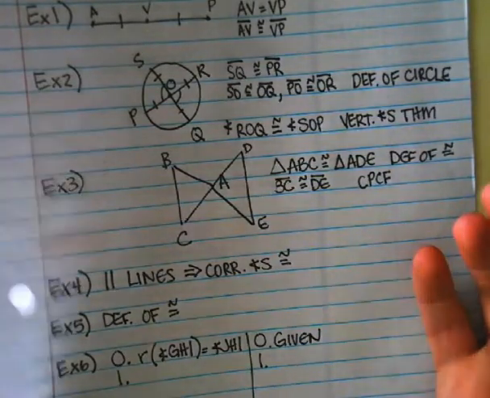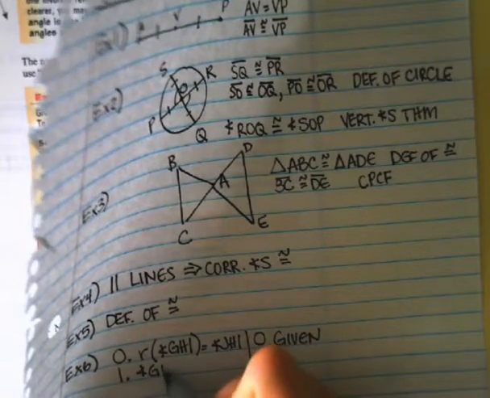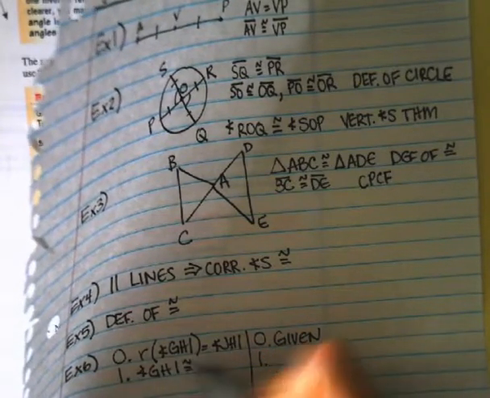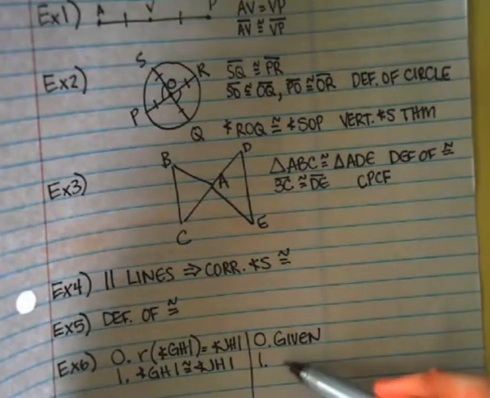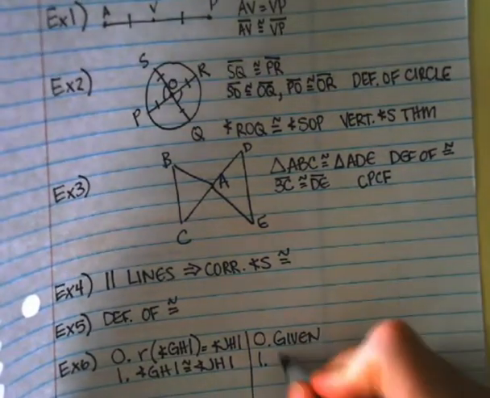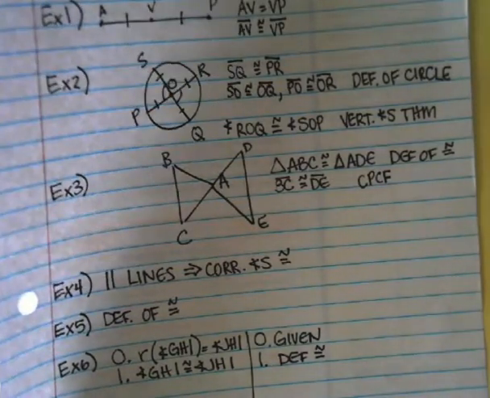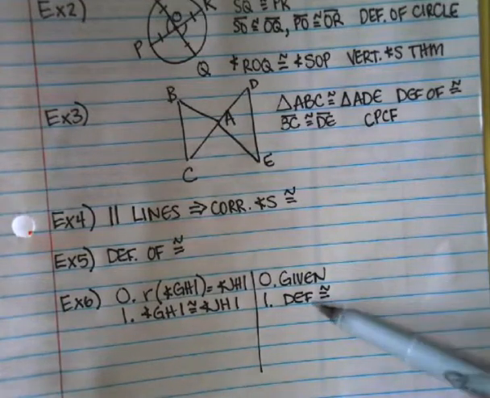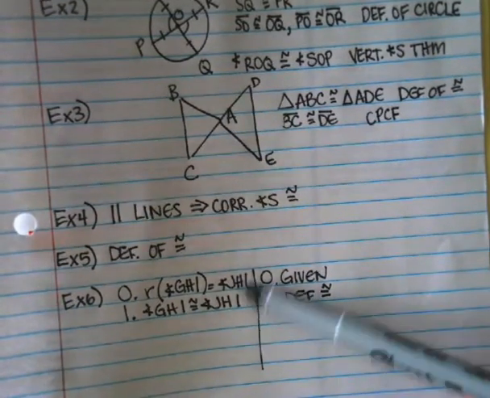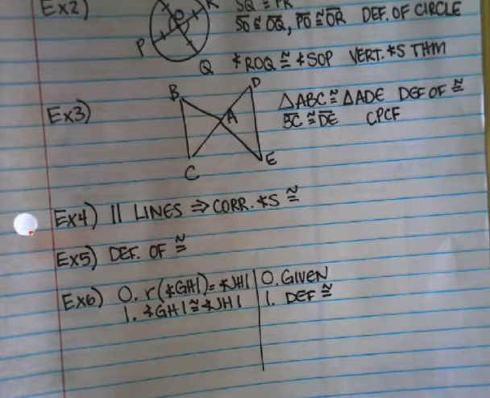What was I trying to prove? Angle GHI is congruent to angle JHI, and the reason was the definition of congruence. That's what your proofs are going to start looking like. These are just one-step proofs, and like I said, we'll get some that are 4 and 5, maybe 6, but that's what proofs look like.